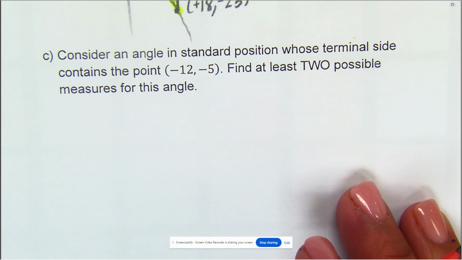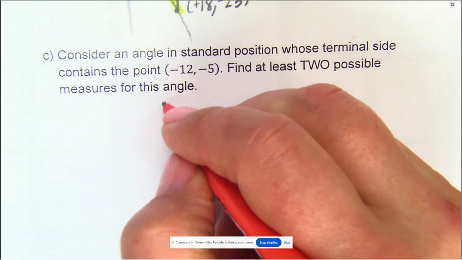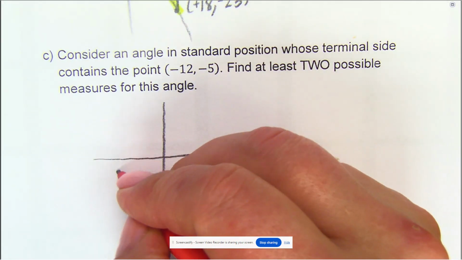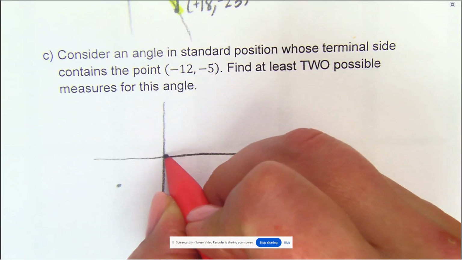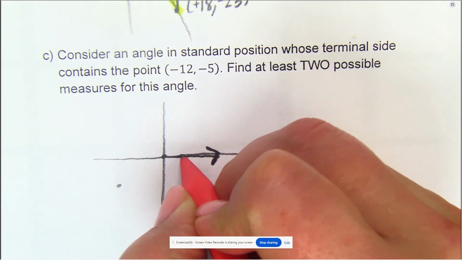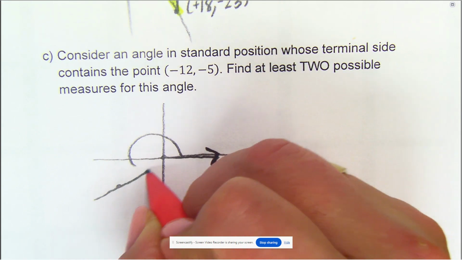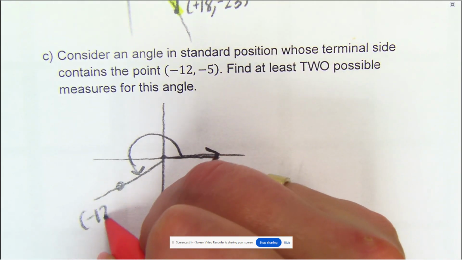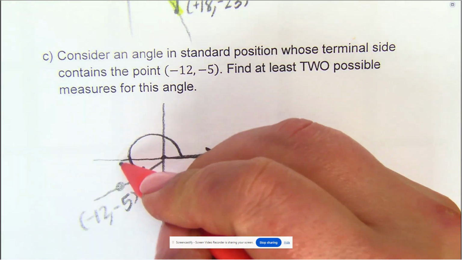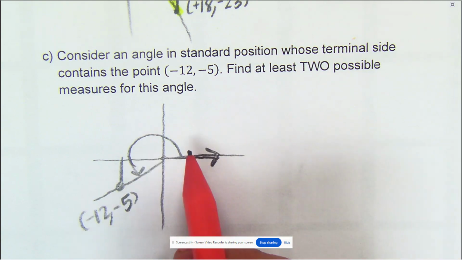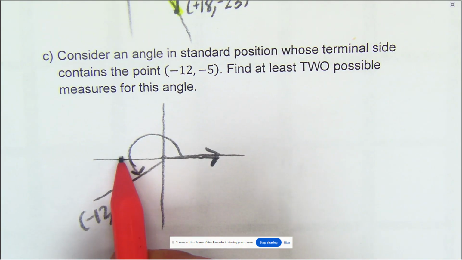Consider an angle in standard position whose terminal side contains the point negative 12, negative 5. So negative 12, negative 5. So some angle. Now, again, I create this triangle.